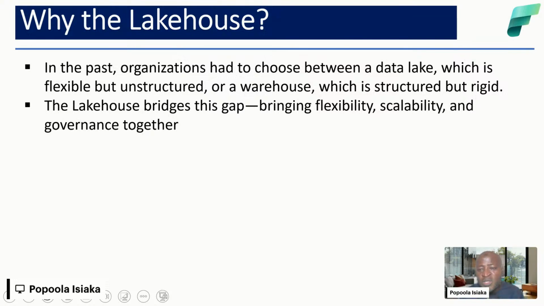Now, in the past, organizations had to choose between a data lake, which is flexible but unstructured, or a warehouse, which is structured but rigid. Gone are those days. Enterprise level organizations, if they needed a storage space, a database, or somewhere to keep their data, had two options: either use a data lake, or make use of a warehouse, which we call a data warehouse.